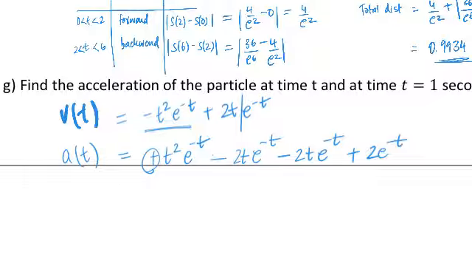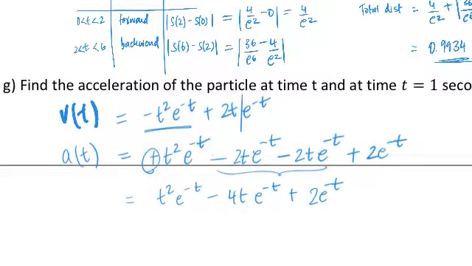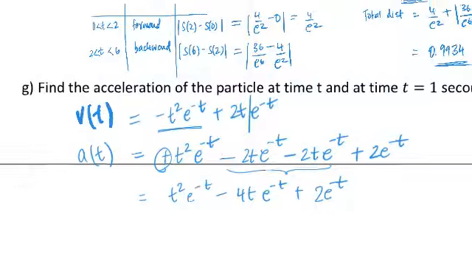So that's going to be my acceleration equation. And you can combine these two terms here. So t squared e to the negative t minus 4t e to the negative t plus 2 e to the negative t. And you can pull out an e to the negative t if you like from there.